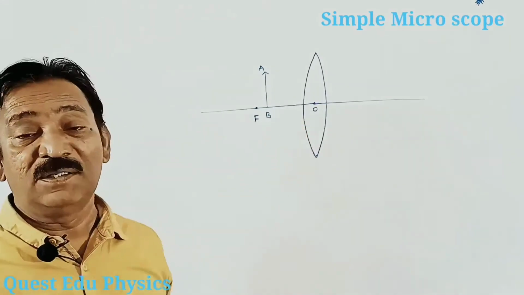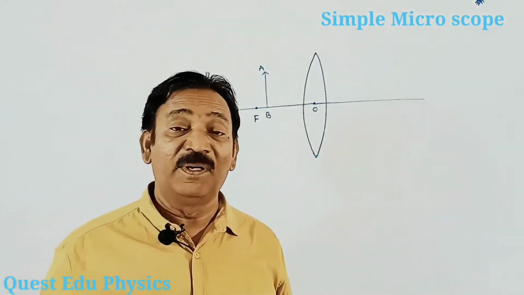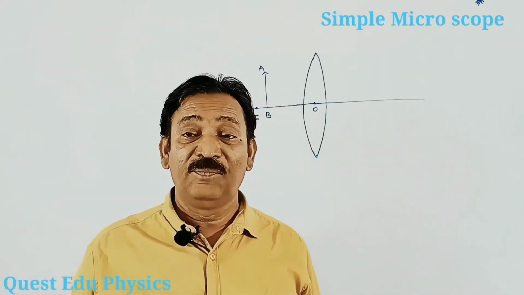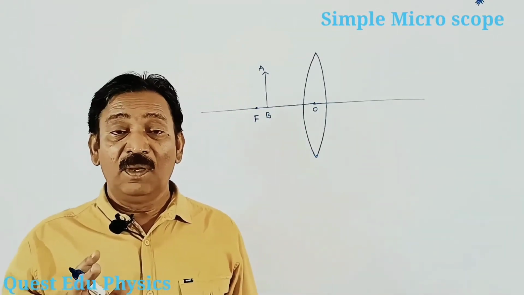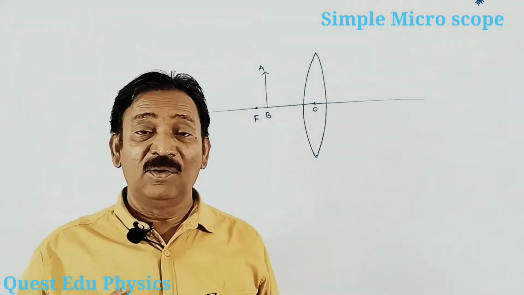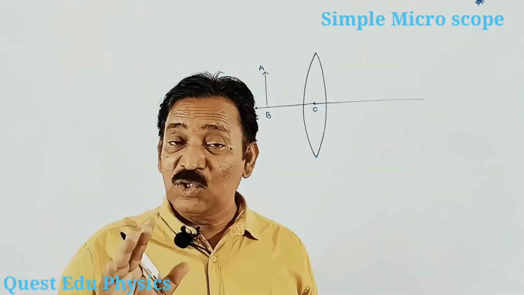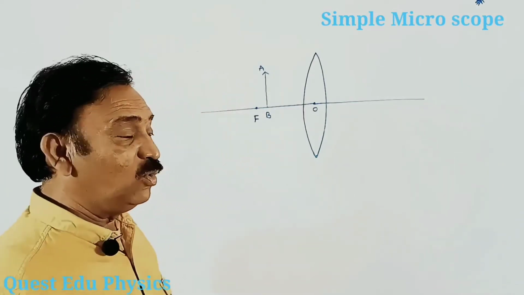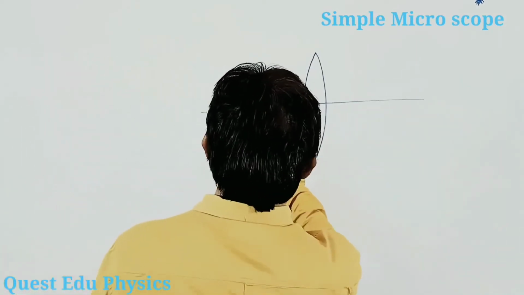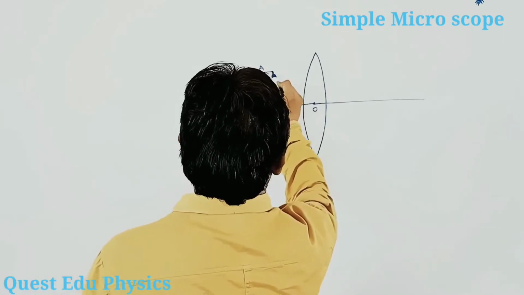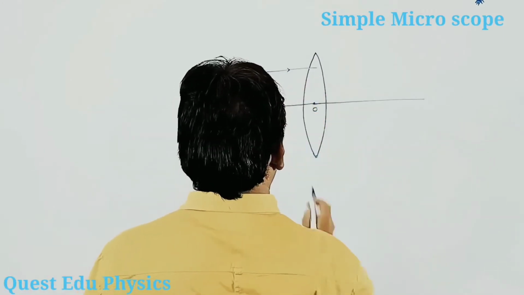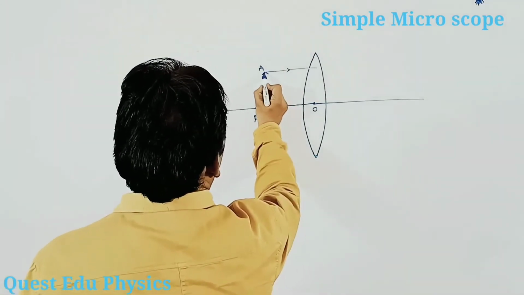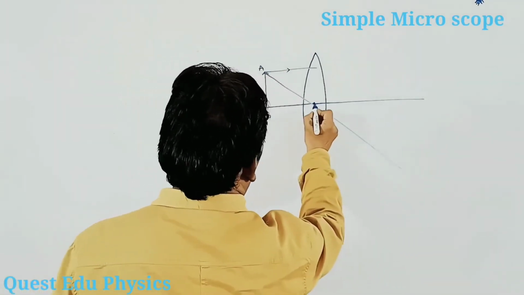Here we have to remember the methods of image tracing. As we have learned, to trace the image we need at least two light rays coming from the object. Here we are taking the two light rays, students. One is parallel to the principal axis, and the second one passes through the optic center.